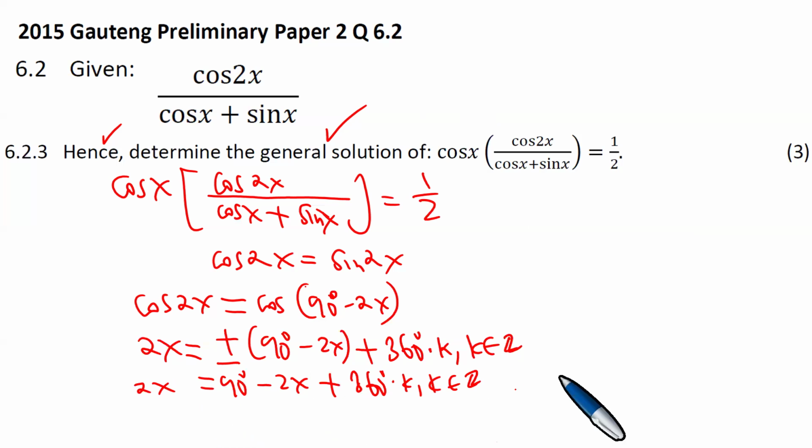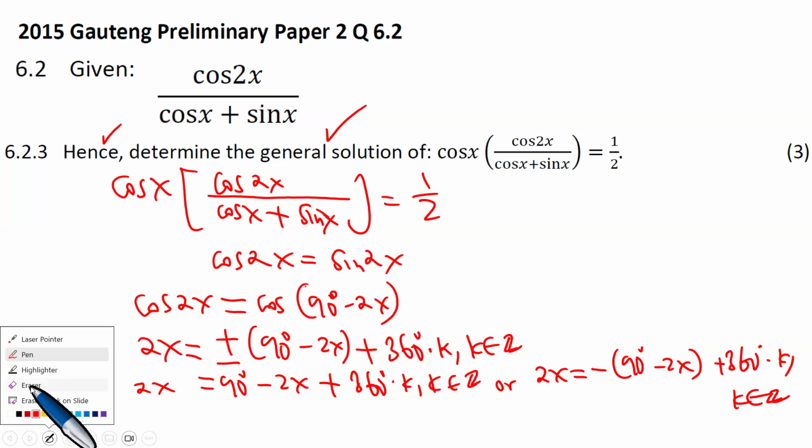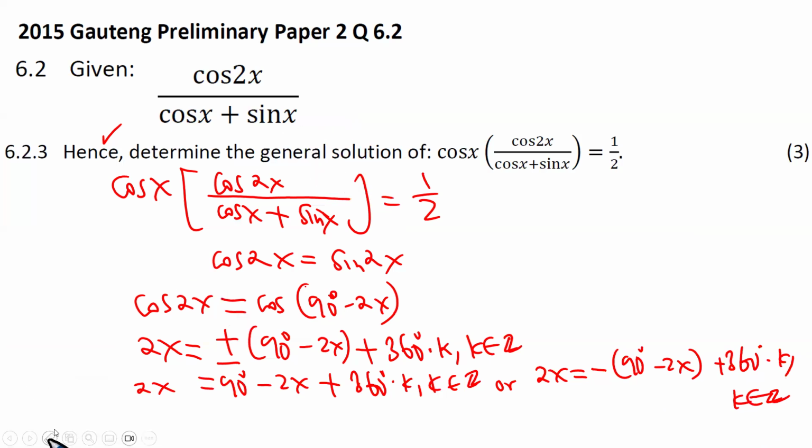We can write 2x equals the negative of 90 degrees minus 2x, plus 360 degrees times k, k in Z. Okay, so we continue. Which means that we have 4x equals 90 degrees plus 360 degrees times k, k in Z.